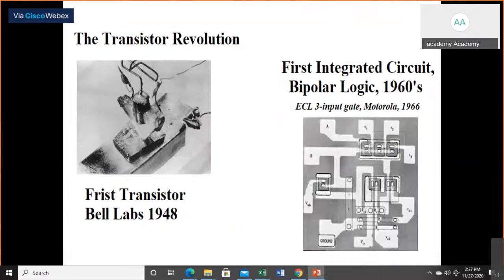You can see this is the first integrated circuit chip in the early 1960s. It was an ECL three-input gate by Motorola in 1966, using Bell Laboratories, and it used the BJT as a component for making integrated circuits.